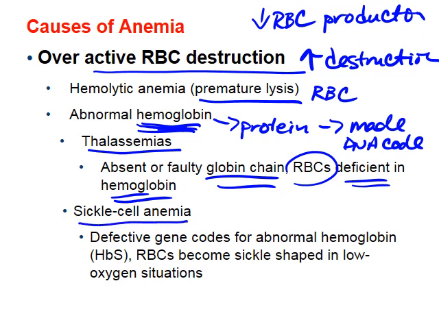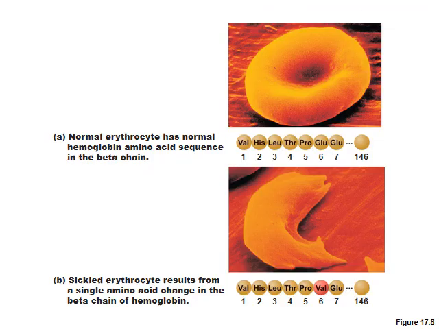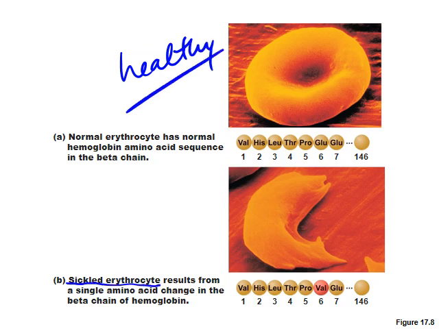We also have sickle cell anemia. Again, a defective gene that codes for abnormal hemoglobin. They become sickle shaped. Instead of that nice shape like this, they actually form, well, that was terrible, but you got it, a sickled shape. Here's an example of a healthy or normal red blood cell, and then here is our sickled erythrocyte or red blood cell, right?